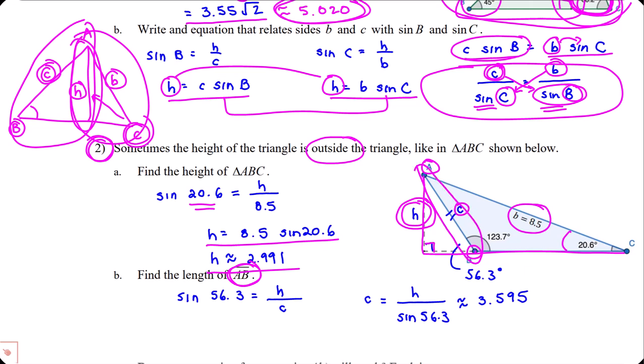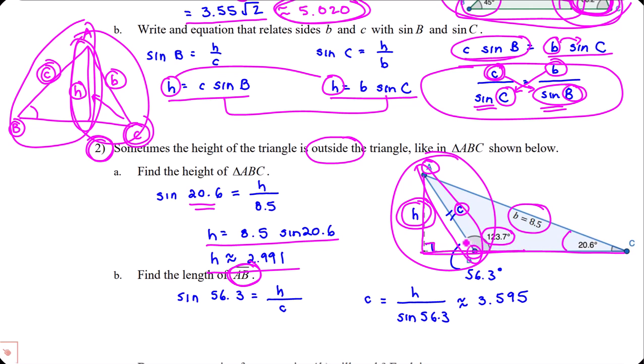And the problem is the shaded triangle is not a right triangle. So little c is not opposite 20.6 in a right triangle. It is opposite, but not in a right triangle. So I can't use sine here, but I can talk about the same little triangle to the left. And so sine of, now, this is 123.7.